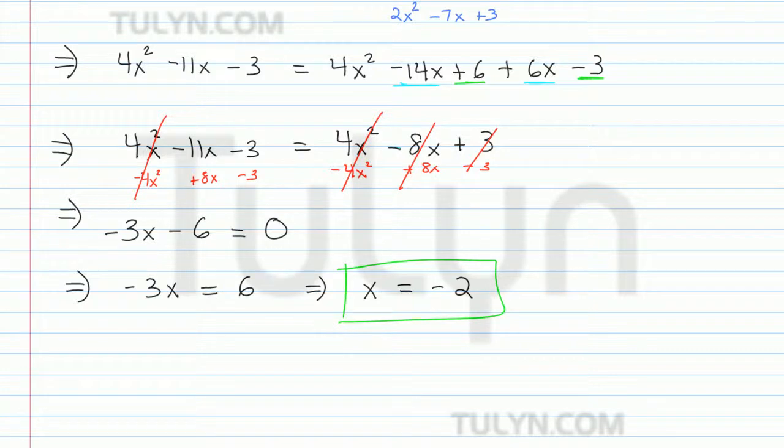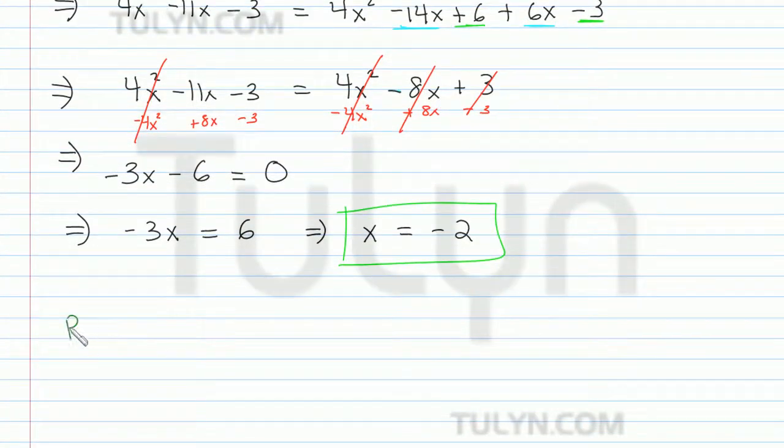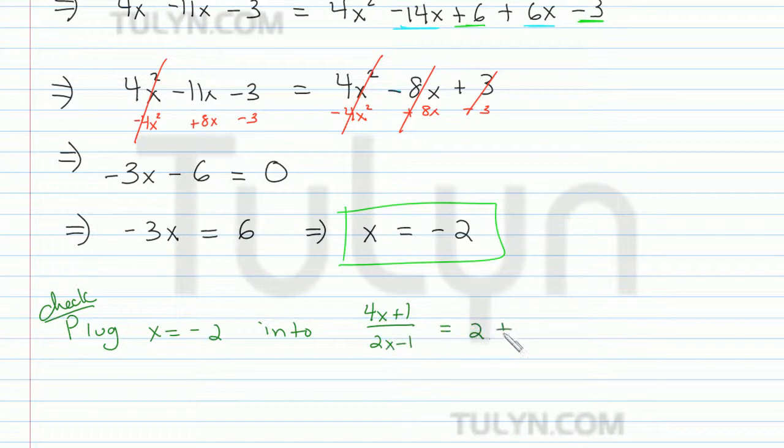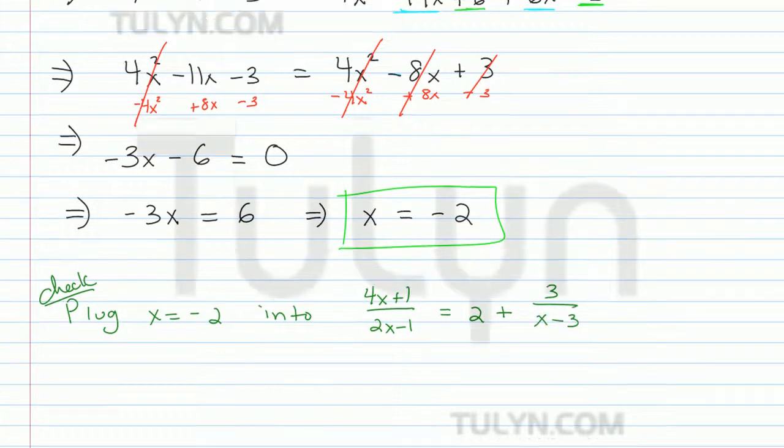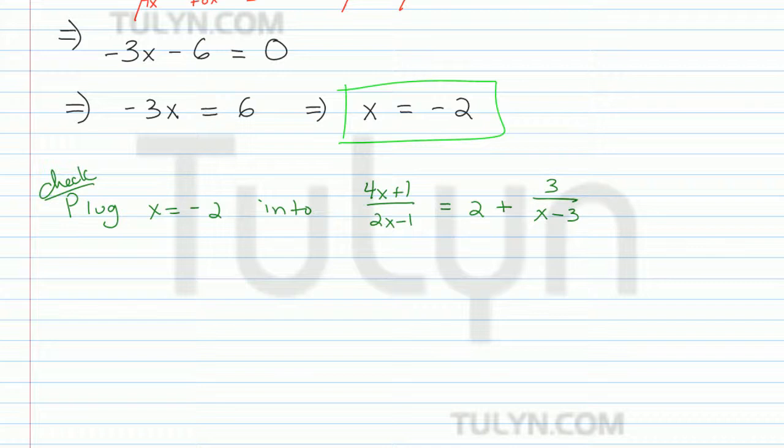But since it's possible that this may be an extraneous solution, we should check it by plugging it into the original equation. So to check, we plug x is equal to negative 2 into our original equation, which I will rewrite right now. It's 4x plus 1 over 2x minus 1 is equal to 2 plus 3 over x minus 3. So we want to check to see if it's true.